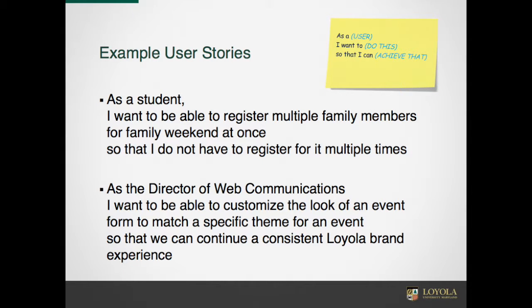So I'll have a few different examples of this just so you can get ideas. As a student, I want to be able to register multiple family members for a family weekend at once so that I do not have to register for it multiple times. As the Director of Web Communications, I want to be able to customize the look of an event form to match a specific theme for an event so that we can continue a consistent Loyola brand experience.